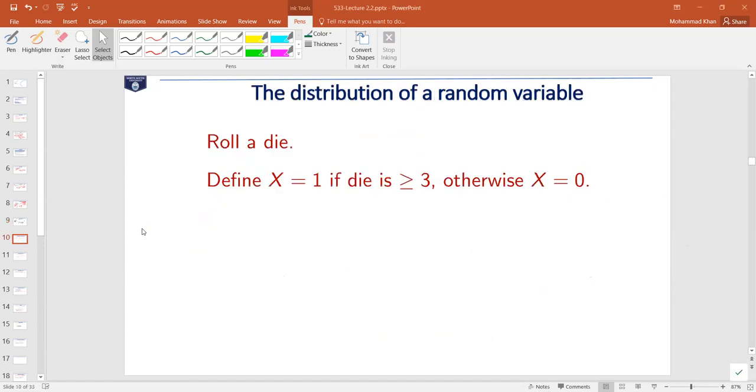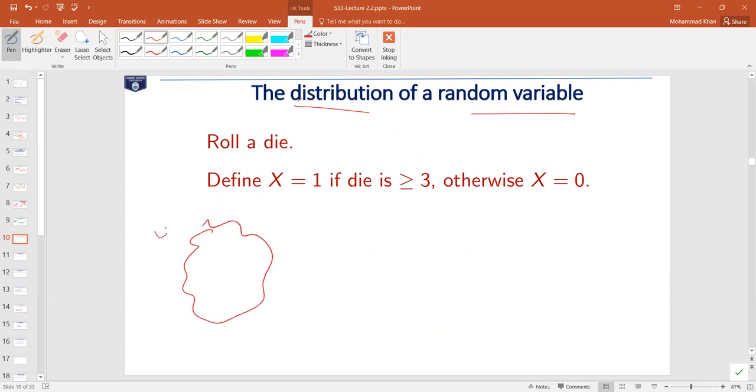So now, what is a distribution? Distribution basically tells us how the sample space is distributed over the numbers. That's why we're talking about the distribution of a random variable. What is a random variable?